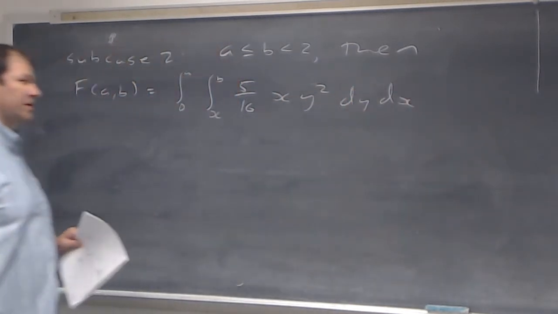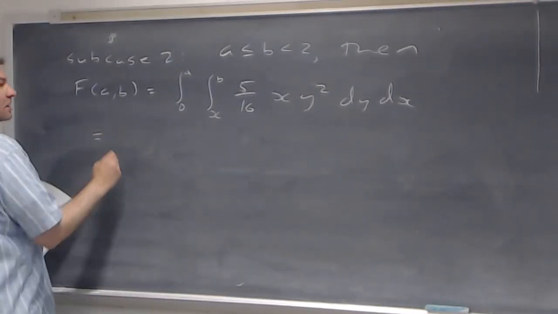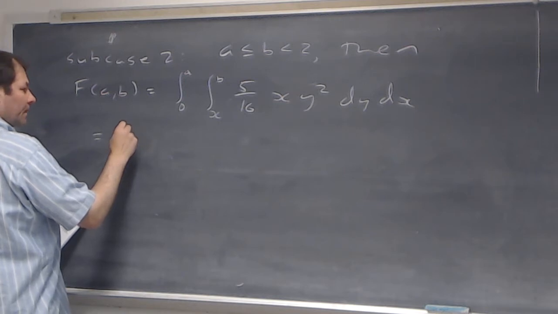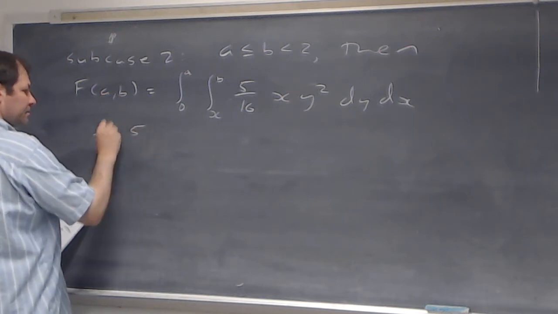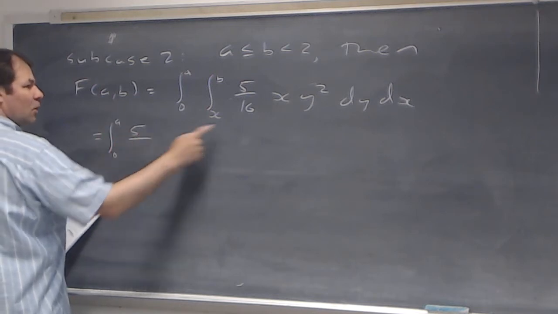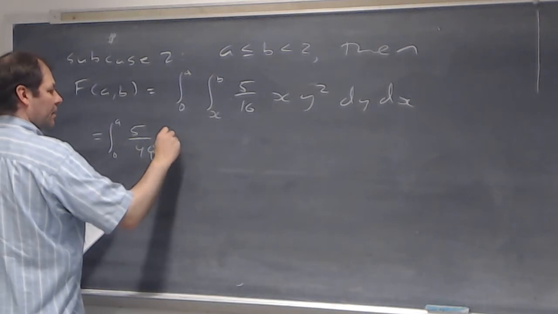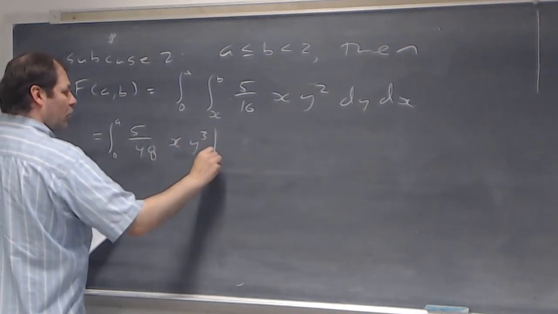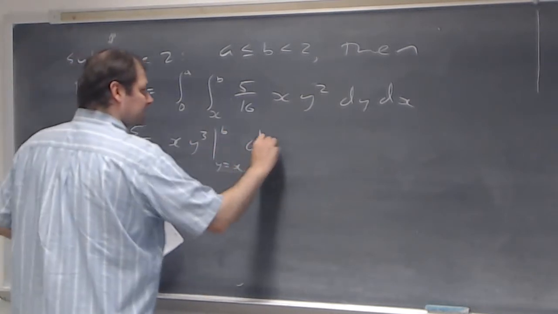I'll change the order of integration of this part. Integrating with respect to y, it's going to be the integral from 0 to a of 5 over, y cubed over 3 makes this 48, x y to the 3rd, with y evaluated from x to b, and then dx.